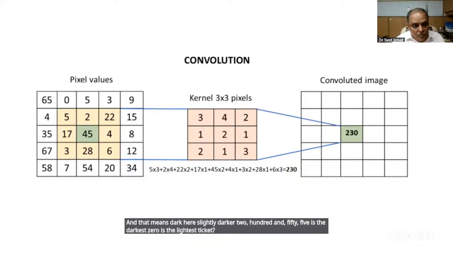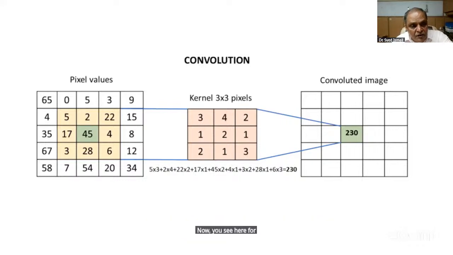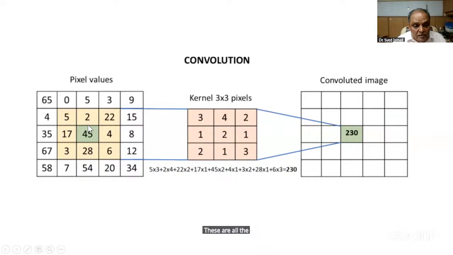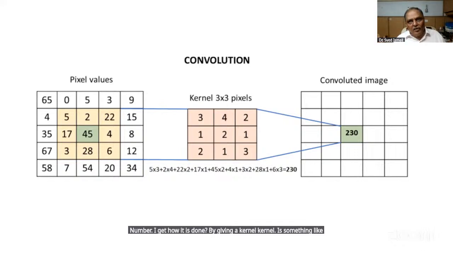Now you see here, for example, you take this 3 by 3 matrix. Starting here: 5, 2, 22, 17, 45, 4, 3, 28, 6. These are all the 9 dots. The final result, 230, comes, only one number I get. How is it done? By giving a kernel. Kernel is something like a key number, easy for you to understand.